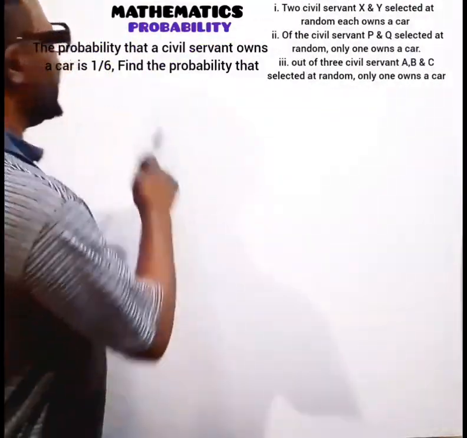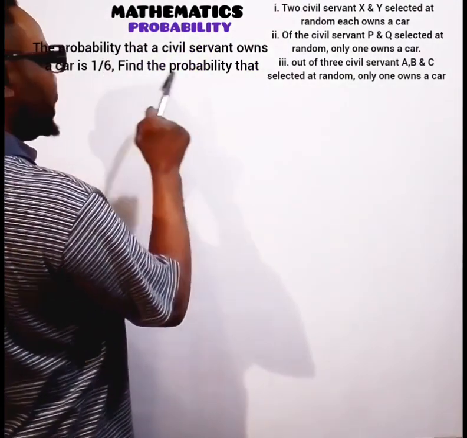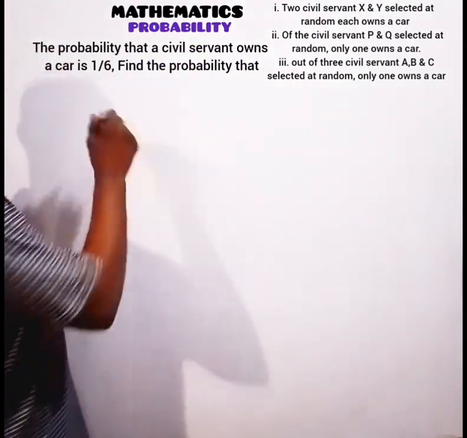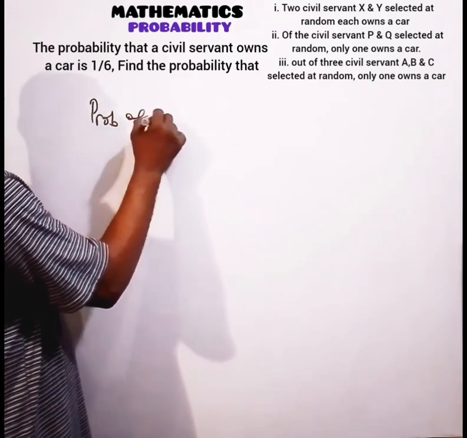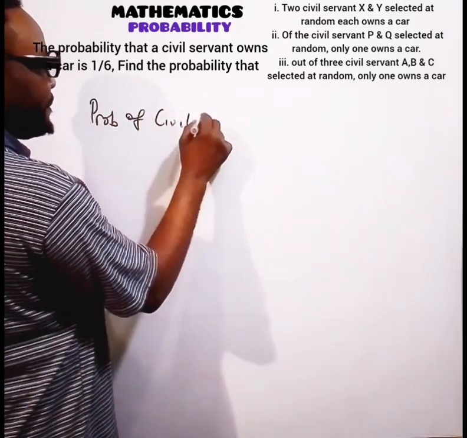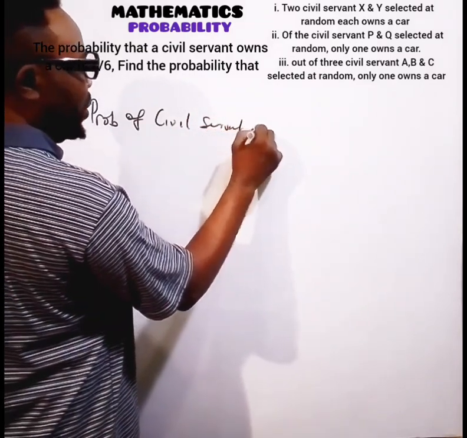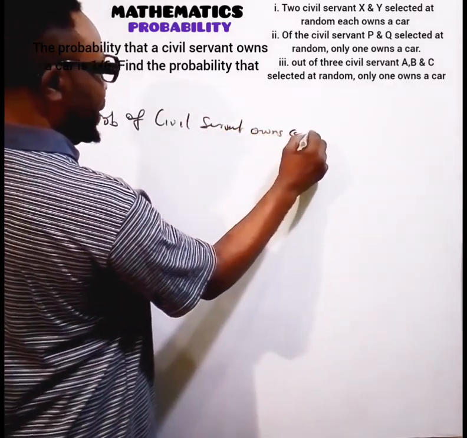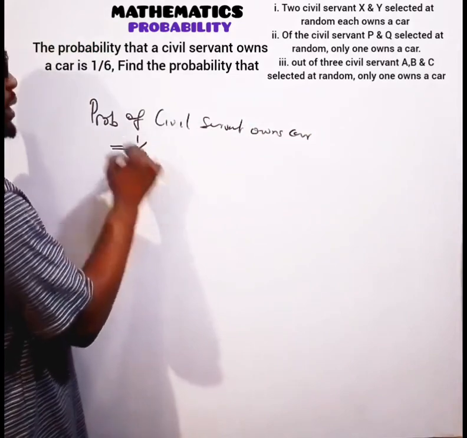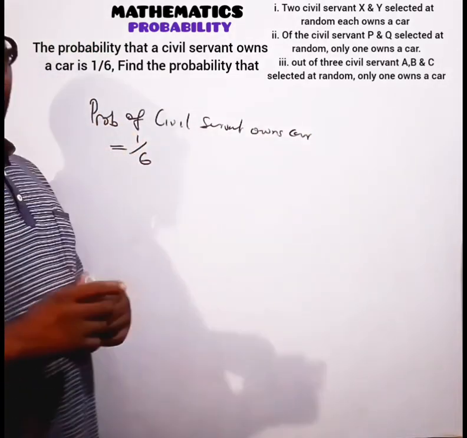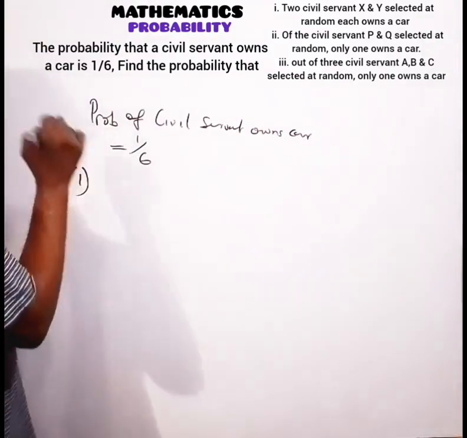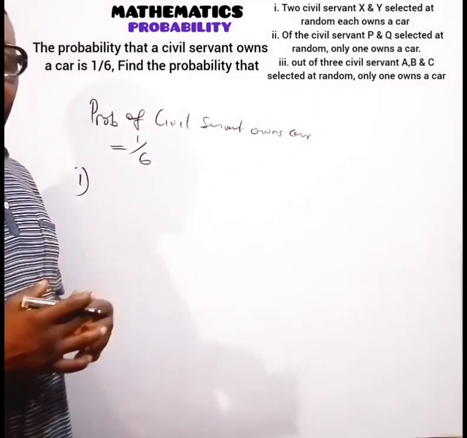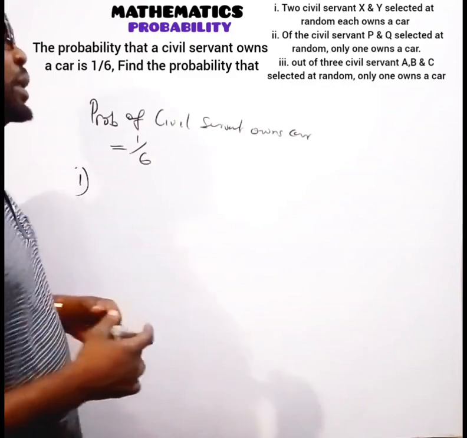The probability of a civil servant owning a car is 1 over 6. Now, according to the question, we are asked to find the probability that, and we are going to solve the questions one after the other. 1.